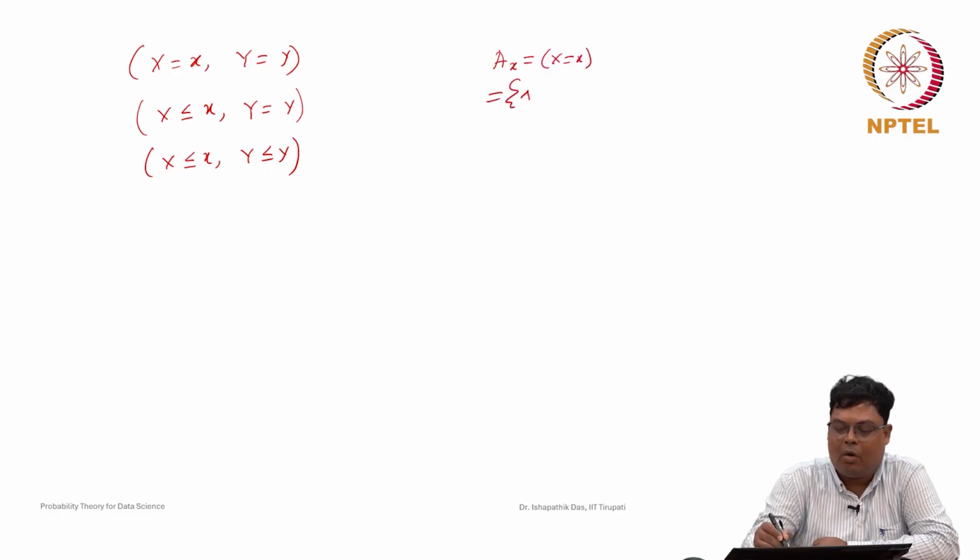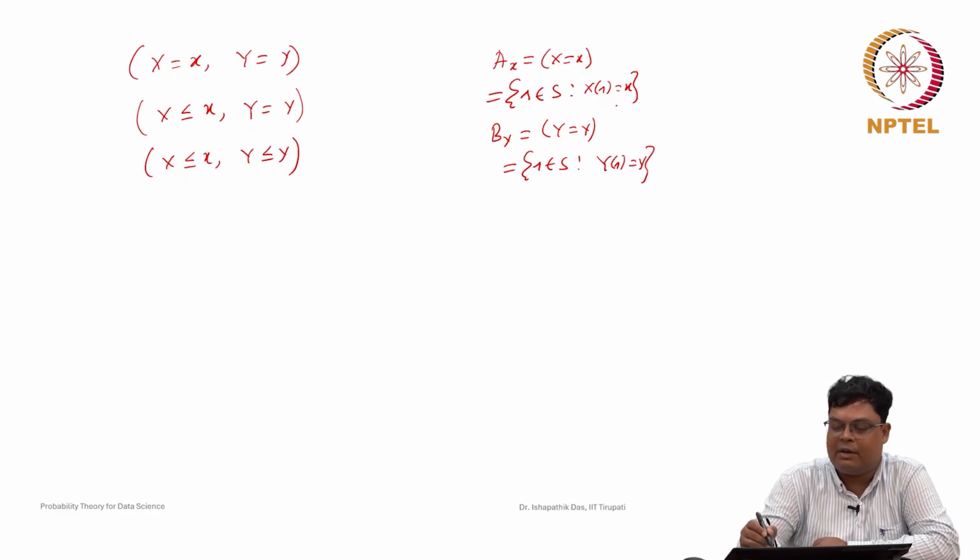How is it defined? All s belonging to S such that X(s) is equal to x, and now y is another event, it is defined by y is equal to y, which is nothing but s belonging to S such that Y(s) is equal to y, where small y is a real number.